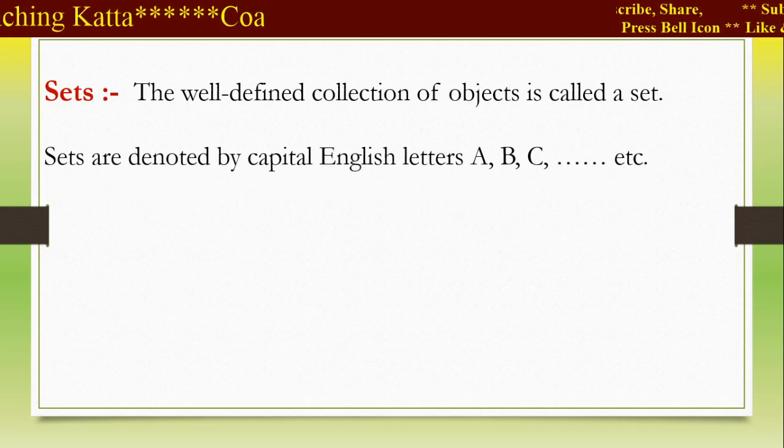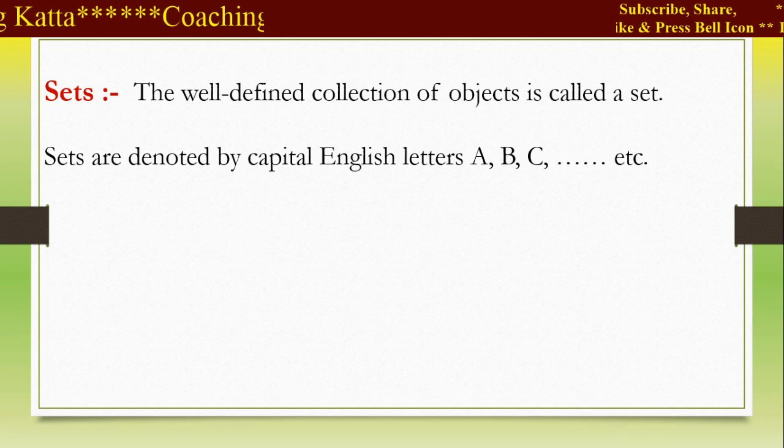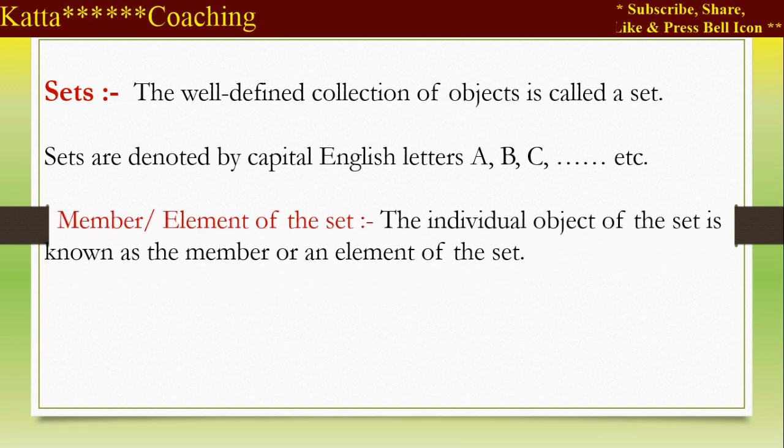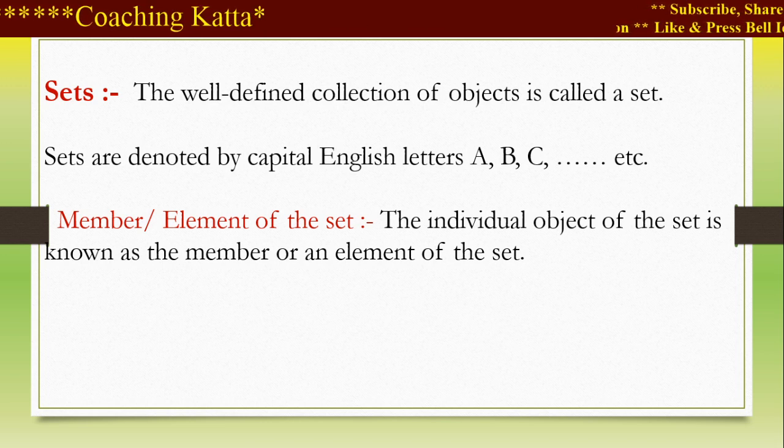Sets are denoted by capital English letters, capital A, capital B, capital C, and so on. The individual object of the set is known as the member or an element of the set.